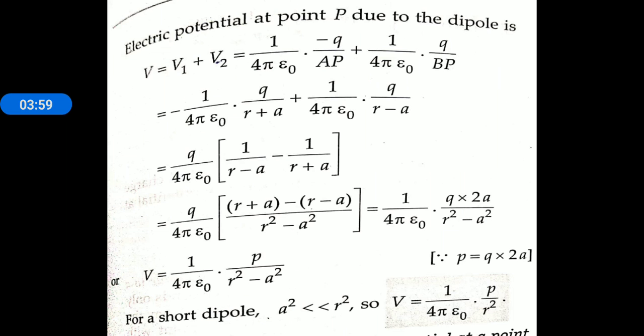So the electric potential at point P due to the dipole is V is equal to V1 plus V2. Why V1 plus V2? Because of the superposition principle.